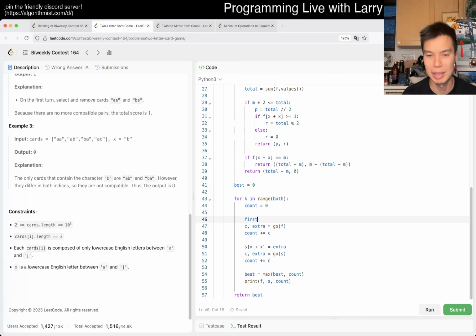I was wrong. Well, I mean, we manipulate this, but first of x plus x is equal to k. Second of x plus x is equal to extra, because I guess we might as well use the extra plus both minus k.